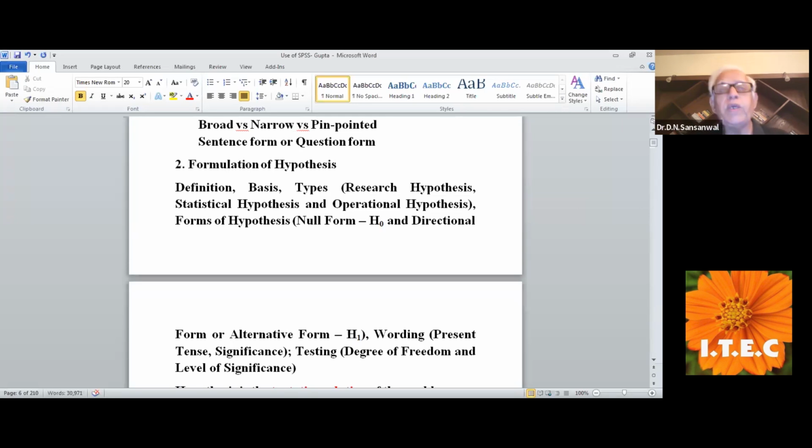These are the two important concepts which you must know. And then you should know one tail test and two tail test. I will explain to you when to use one tail test and when to use two tail test.